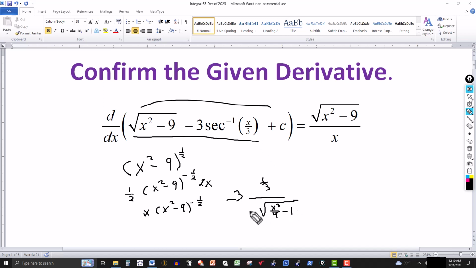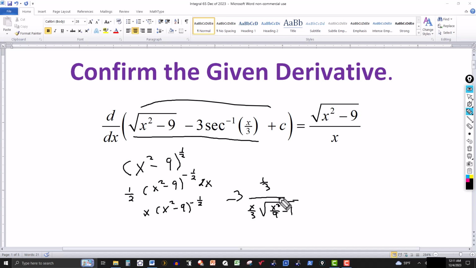That's the formula. Whatever this is goes in front: x over 3, and the square root of x squared over 9 minus 1.